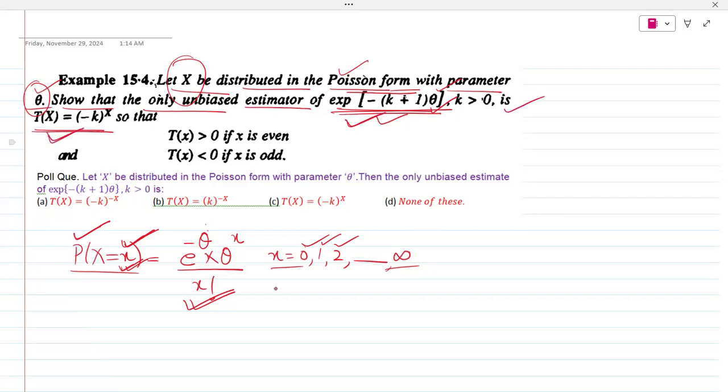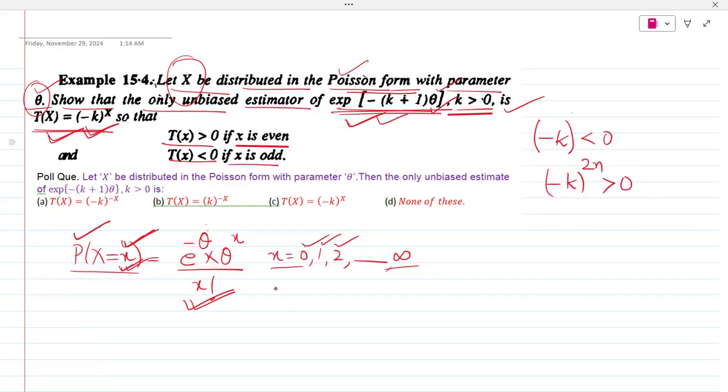Obviously Tx will be positive if x is even, and Tx will be negative if x is odd, naturally, because what is k? k is positive, and minus k will be negative. If you raise minus k to an even power 2n, it will become greater than 0.